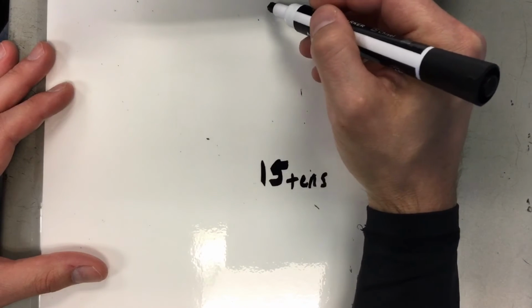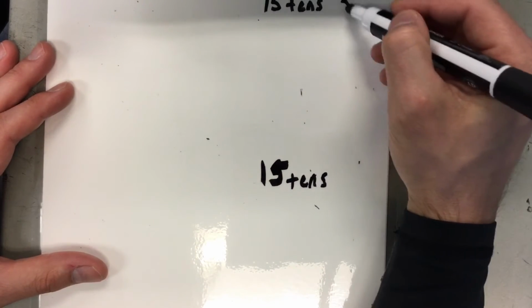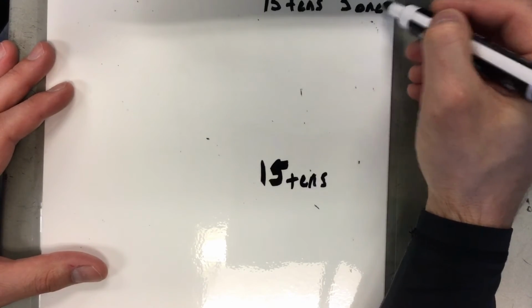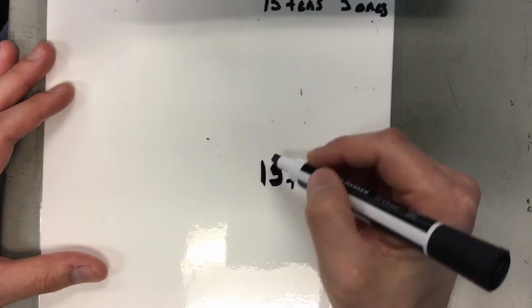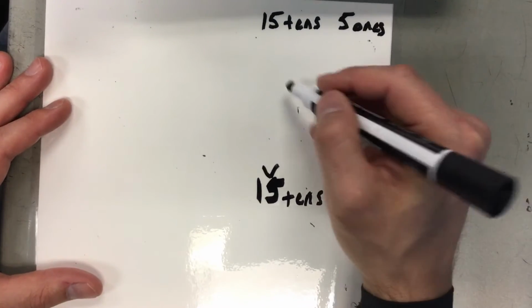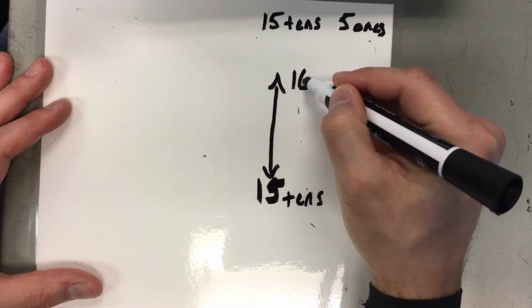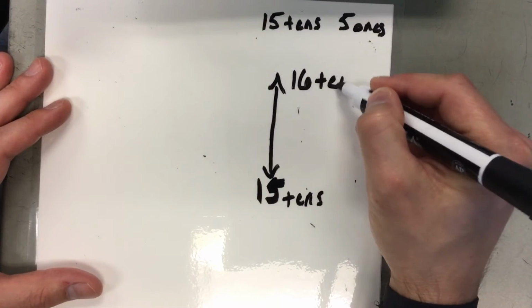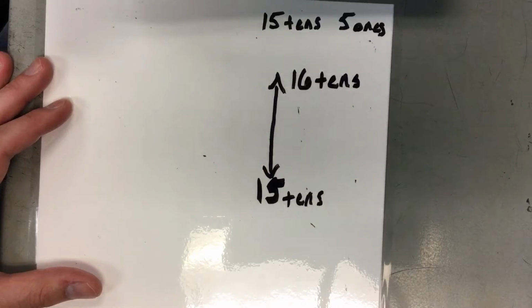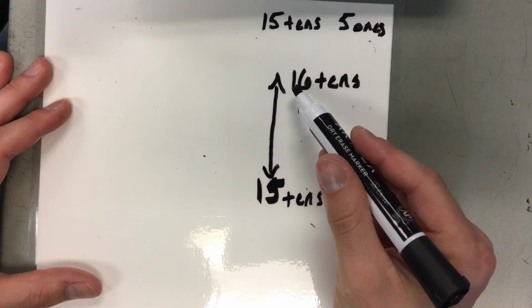Because remember, we're rounding the number 15 tens and 5 ones. So if I know that this number, 15 tens and 5 ones, is in between 15 tens and 16 tens, what's in the middle of 15 tens and 16 tens?